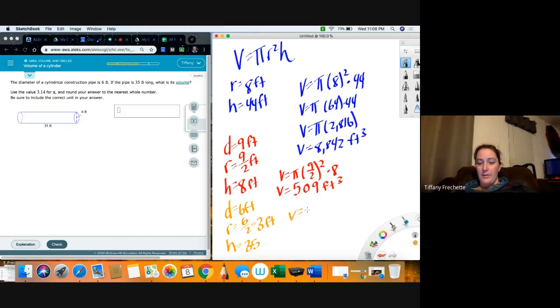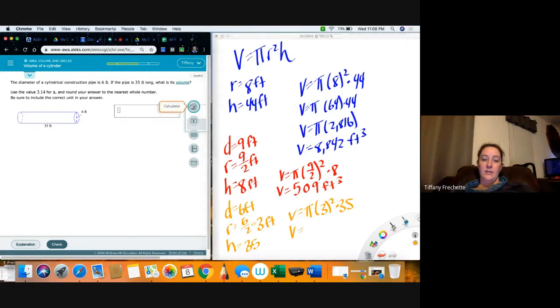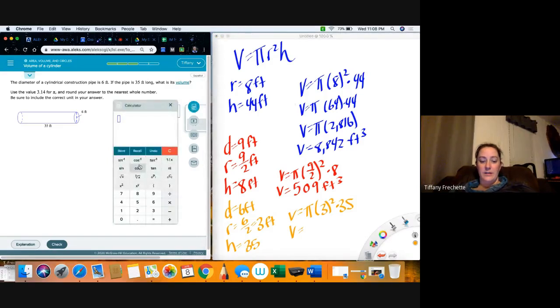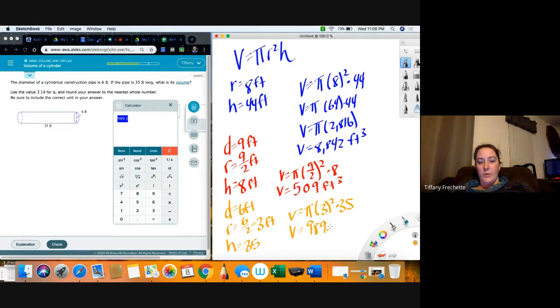All right, so we get volume equals pi times r, which is 3 squared, times 35. So volume equals, and we're just going to multiply all of it together just like we did a minute ago. So 3.14 times 3 squared times 35 equals, so we get 989.1.